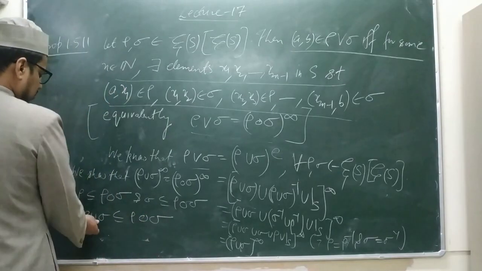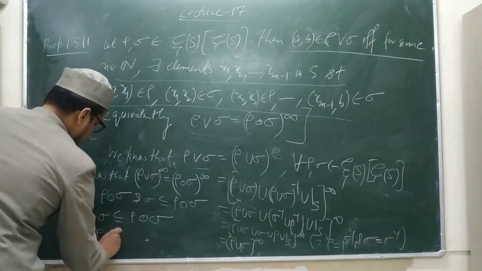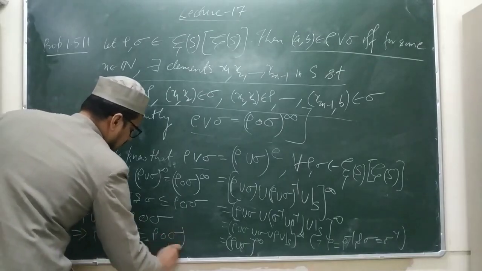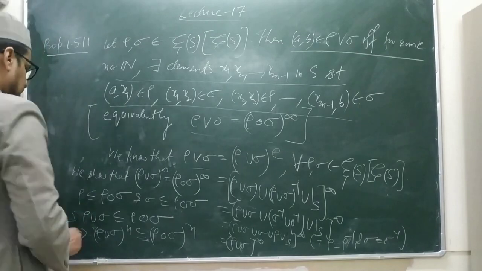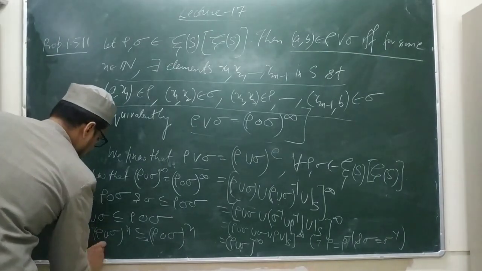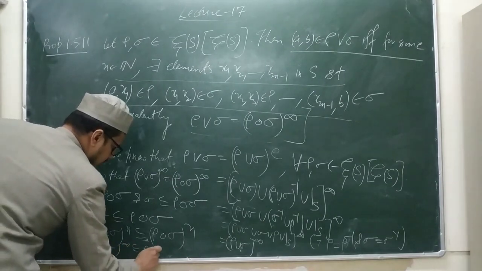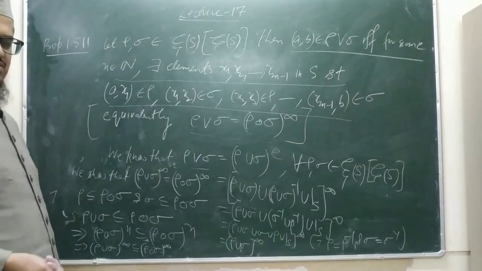Now rho union sigma is contained in rho composition sigma, it implies what? It implies that rho union sigma to the power n is contained in rho composition sigma to the power n. Correct? Now it implies that rho union sigma to the power infinity is contained in rho composition sigma to the power infinity. So one part is done.